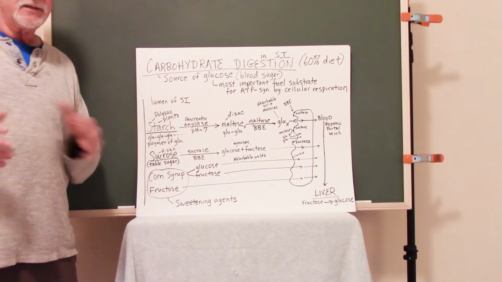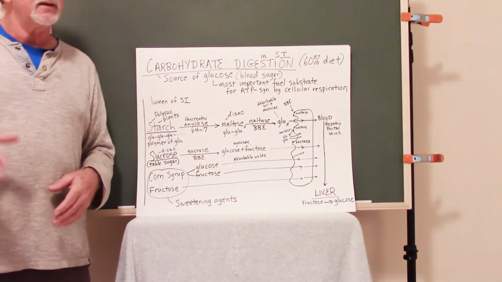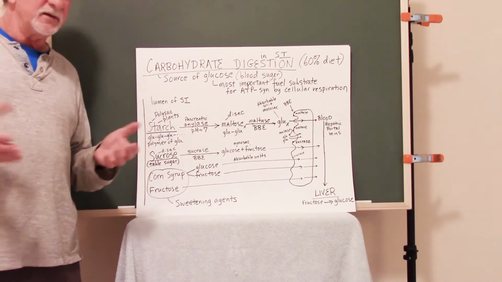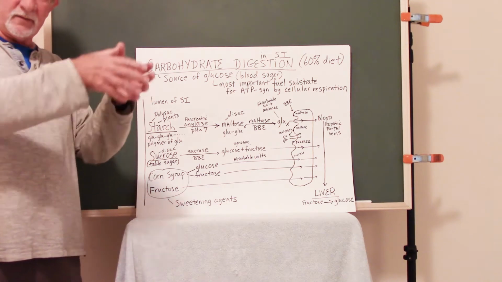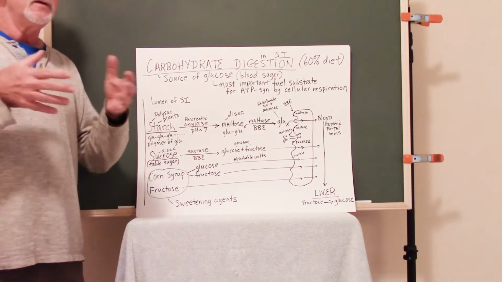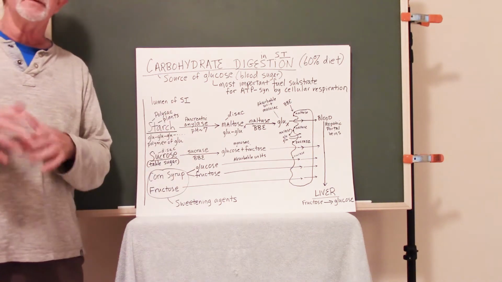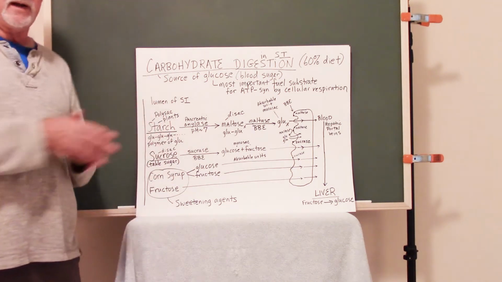So the intestinal cells don't make amylase. Instead, the amylase that's active in the duodenum and throughout the rest of the small intestine comes from the pancreas, and as a result the amylase is called pancreatic amylase.